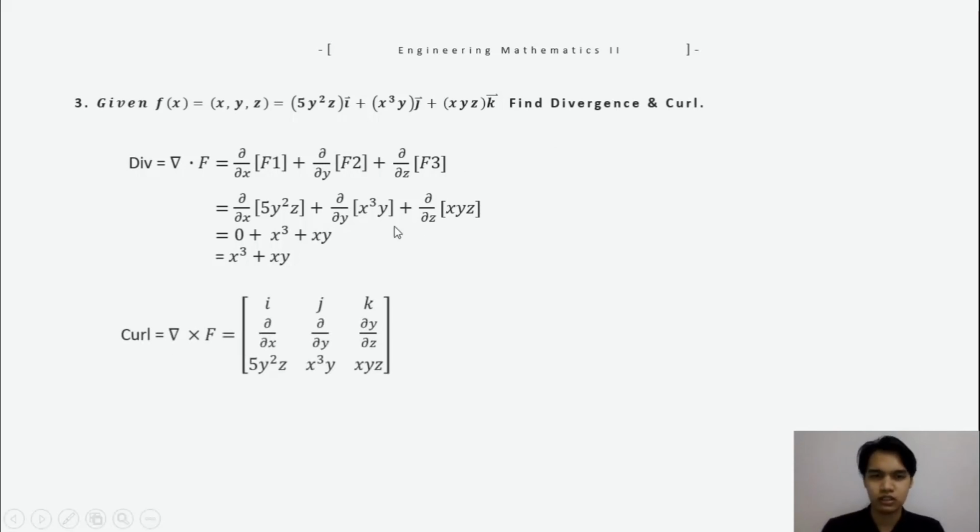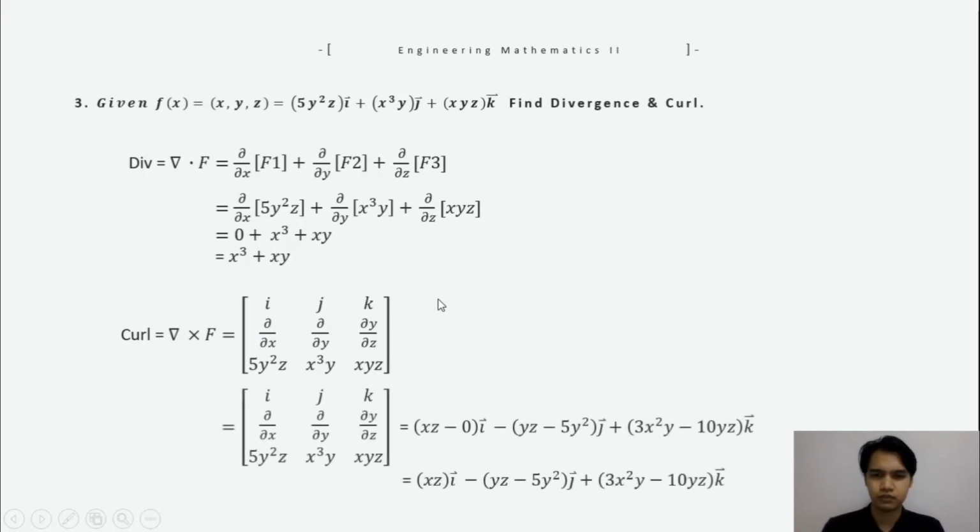So for curl, we know the formula is del cross product with F. So we put it like this, i, j, k. This is the i component, this is the j component, and this is the k component. And we add xz minus 0 because we cover this and we multiply and then minus this.